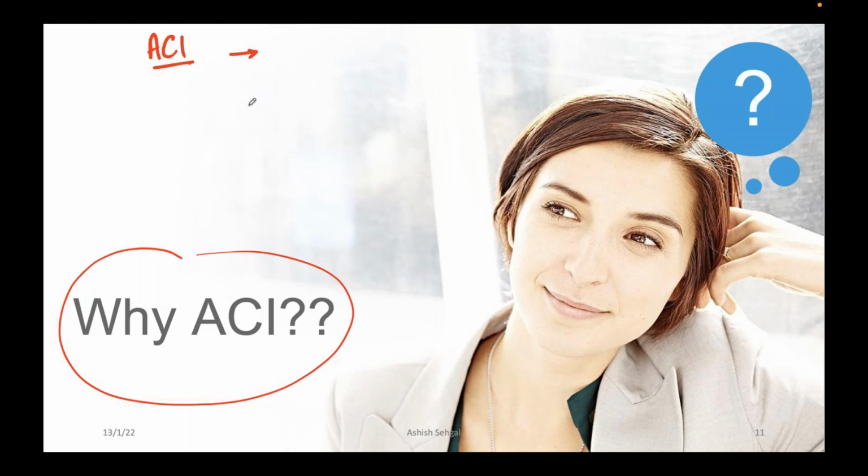Right? I'm not sure if you people are working on it, but the future is indeed ACI. And I can confidently tell you that there is no alternative to ACI as of now.